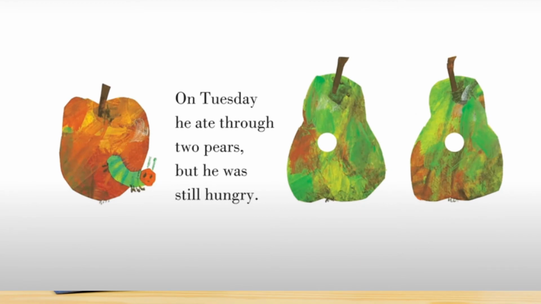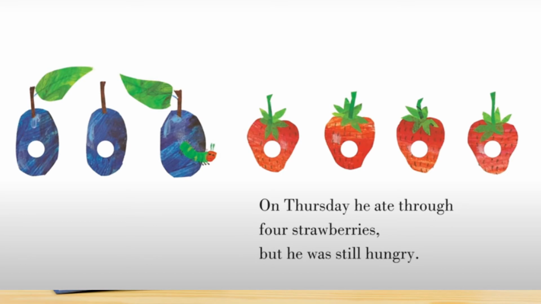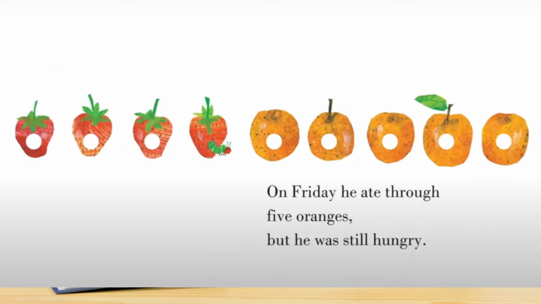On Tuesday, he ate through 2 pears, but he was still hungry. On Wednesday, he ate through 3 plums, but he was still hungry. On Thursday, he ate through 4 strawberries, but he was still hungry. On Friday, he ate through 5 oranges, but he was still hungry.